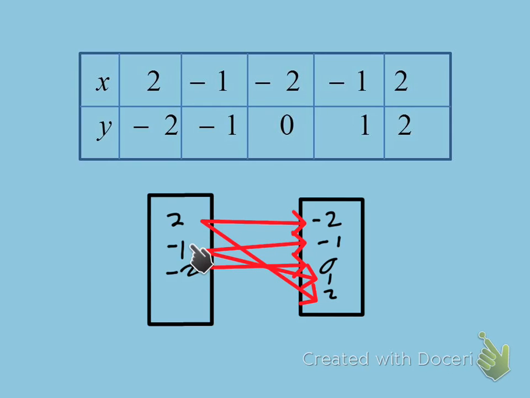There we go. See, I have x's. This 2 goes to -2 and +2. This -1 goes with -1 and +1. See that? That can't happen. You can't have one x going to two y's. That's your x's repeating, which means you don't have a function.